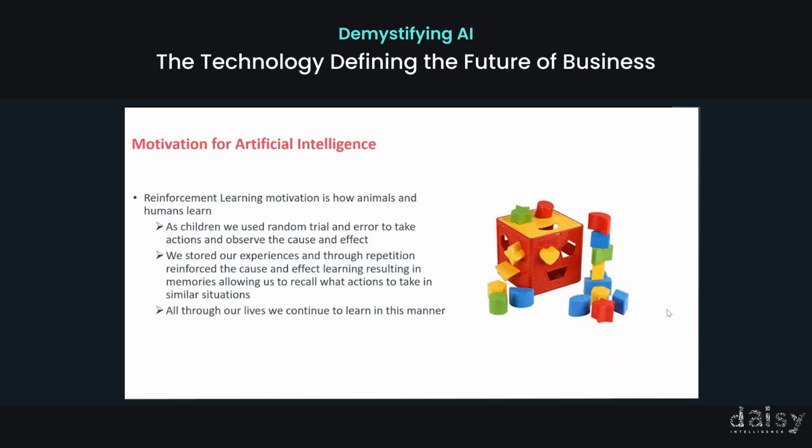And as you do it more and more, you would eventually learn the pattern. So as a child develops and has done this 100 times, they would be able to very easily put the right block in the right shaped hole. And that's the motivation for reinforcement learning. As adults, we continue to do this all of our lives.